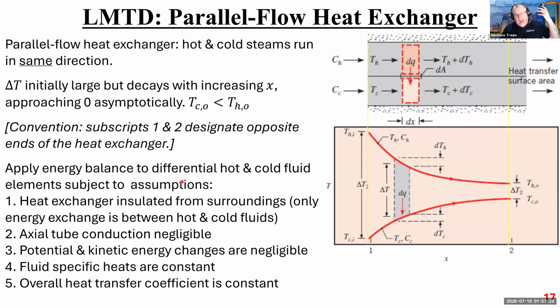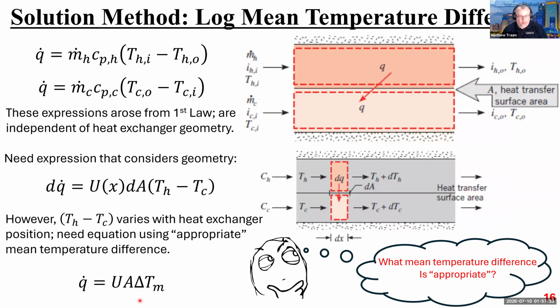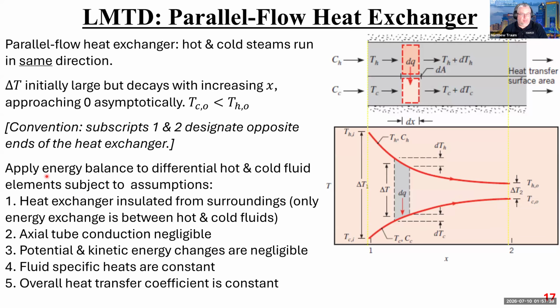Okay, so how do we analyze this? Remember, we're looking for an appropriate delta T mean to put into this equation to be able to solve for heat transfer. So we need about 5 assumptions that we have to apply to make sure that we can do the math accurately. So we're going to apply the energy balance to the hot and the cold fluid elements, like I show here, subject to the following assumptions.